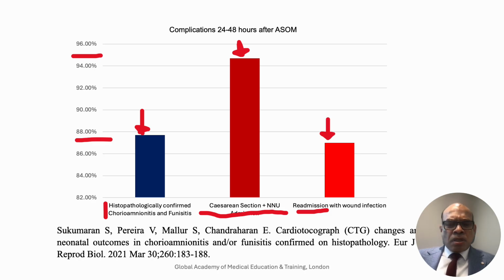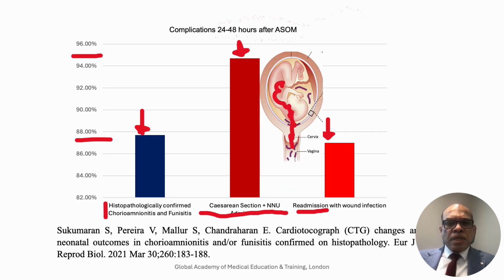So it is not rocket science to say that if you push vaginal bacteria into the uterine cavity with 2 fingers or 1 finger, whatever it is, to do membrane sweep, we are just increasing the bacterial load and causing problems for both mothers and babies, increasing the risk of sepsis.